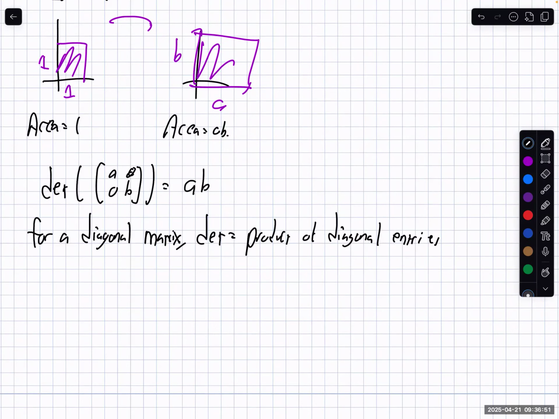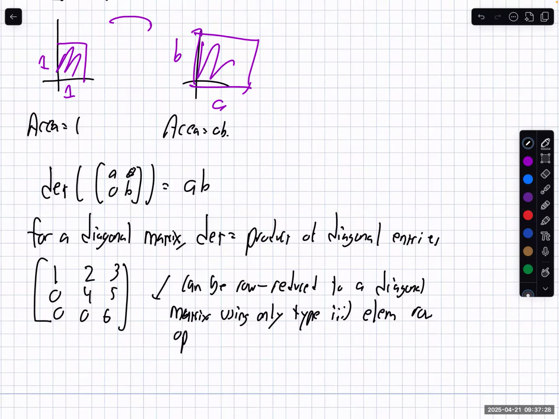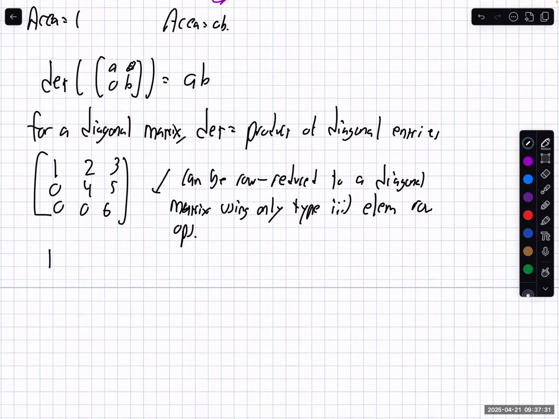And the other observation is if I have an upper triangular matrix, so this can be row reduced to a diagonal matrix using only type 3 elementary row operations.